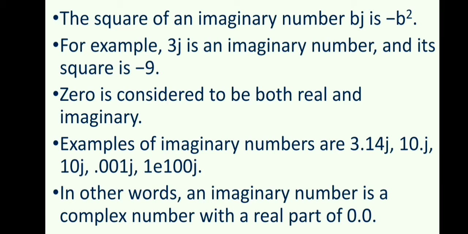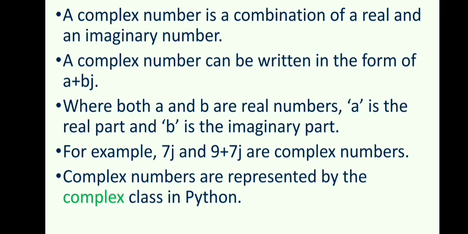0 is considered to be both real and imaginary. Examples of imaginary numbers are 3.14j, 10.j, 10j, 0.001j, 1e100j. In other words, an imaginary number is a complex number with a real part of 0.0. A complex number is a combination of a real and an imaginary number.